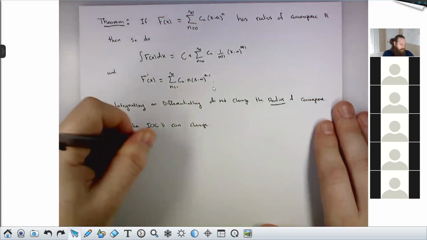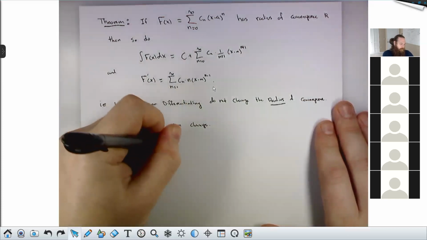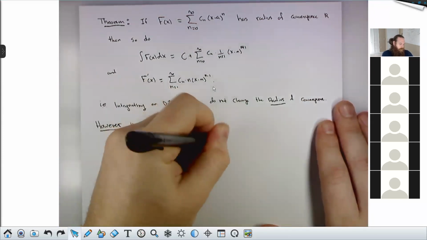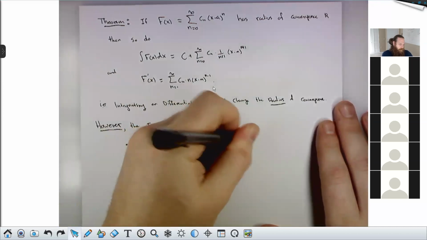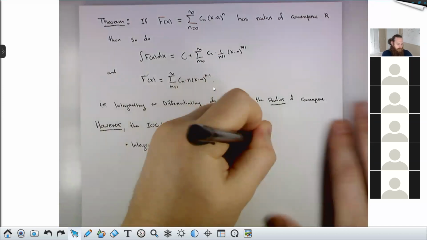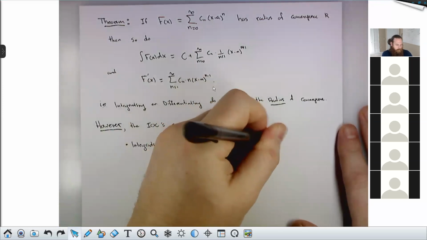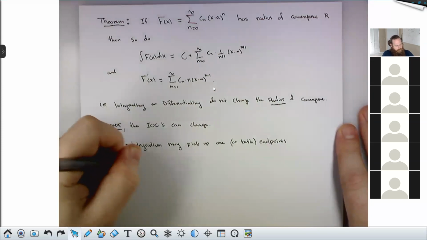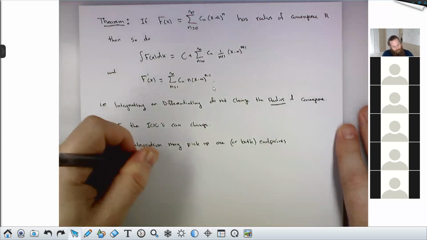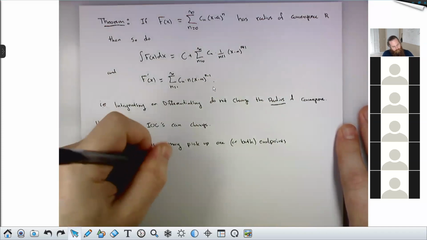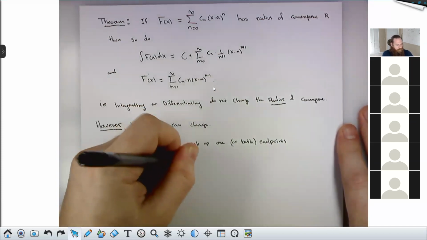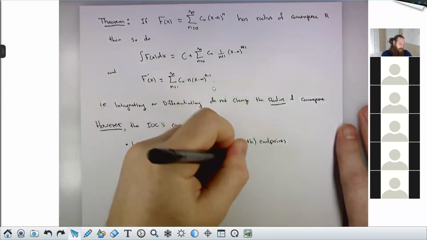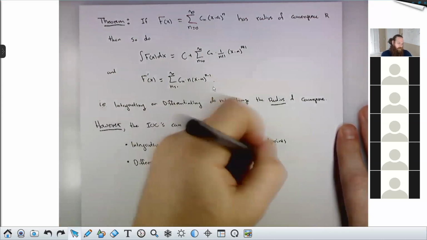Integration may pick up one or both endpoints, and differentiation may lose one or both endpoints.